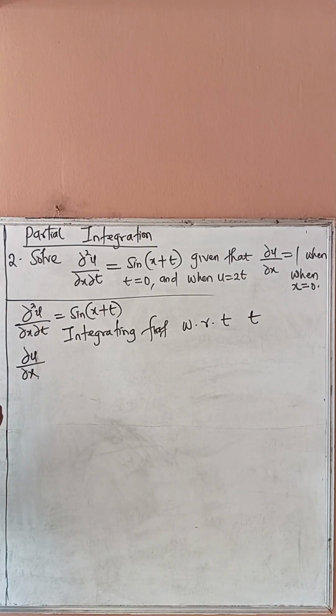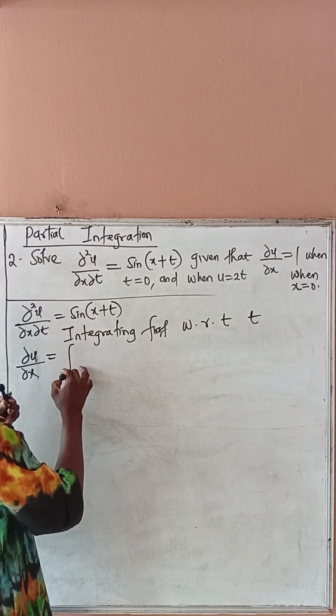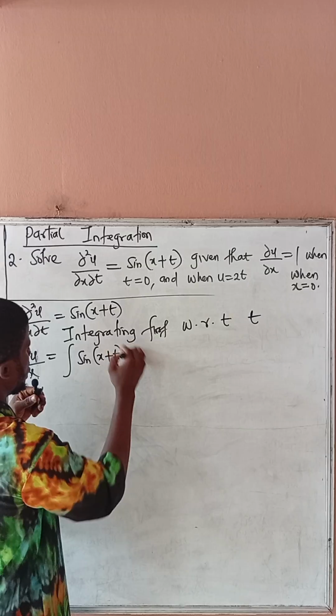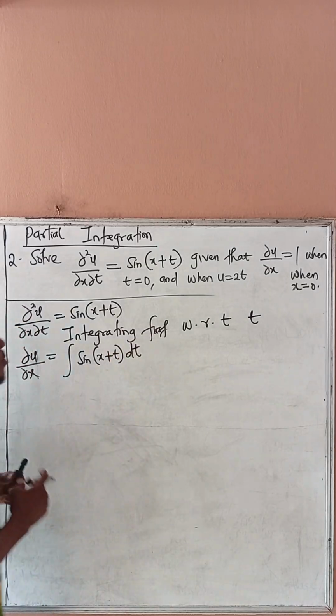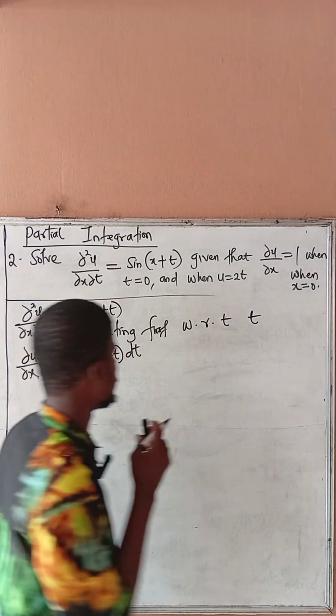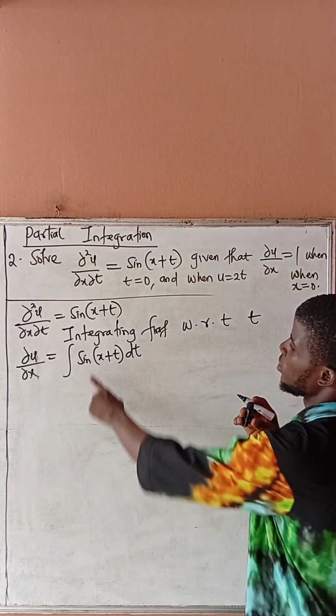Take note, I have integrated with respect to t, so this partial t is going to disappear from here. It means I have the integral of sine x plus t dt, because the integration is with respect to t. That's the meaning. Now, how do I integrate this now?